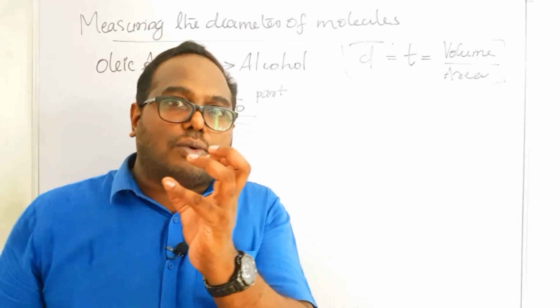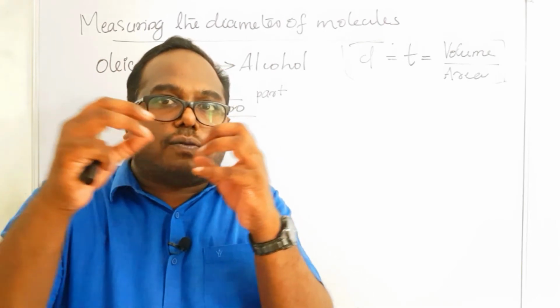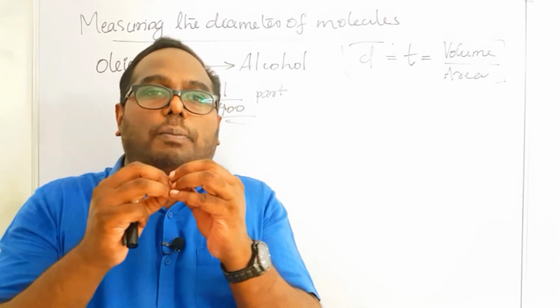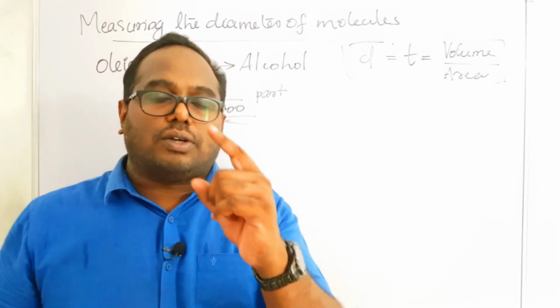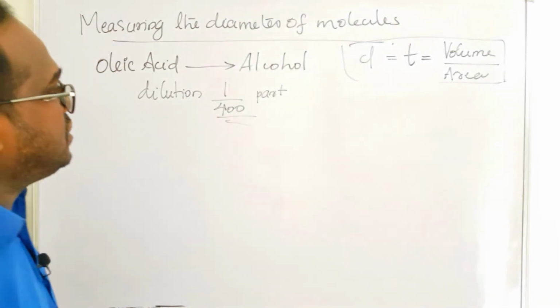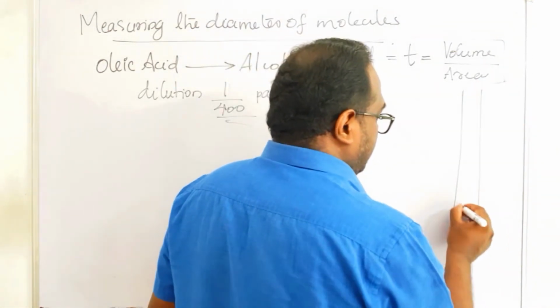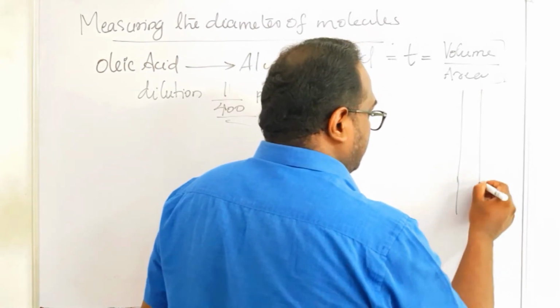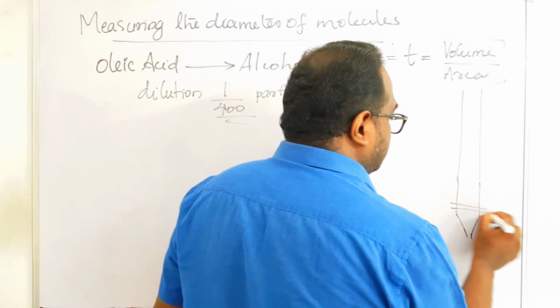What happens when you dilute that substance? The intermolecular force, the thickness between the molecules will be reduced, right? So that is our first step. After dilution, you take that solution into a burette. You know the burette, you can find this in the chemistry lab.